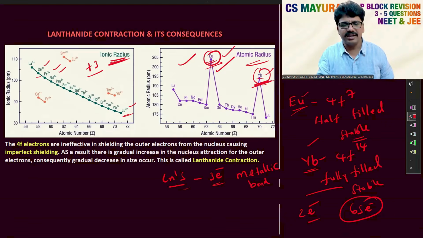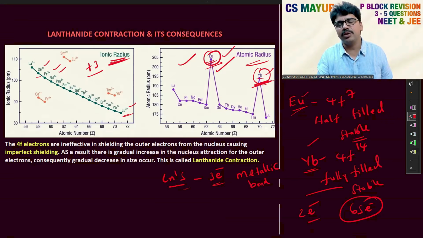Once again, I will revise the important points here. Due to lanthanide contraction, ionic size gradually decreases from Ce3+ to Lu3+. There is no exception. In the case of elements, there is no steady decrease in atomic radius. We observed the abnormal atomic radius at europium and ytterbium.